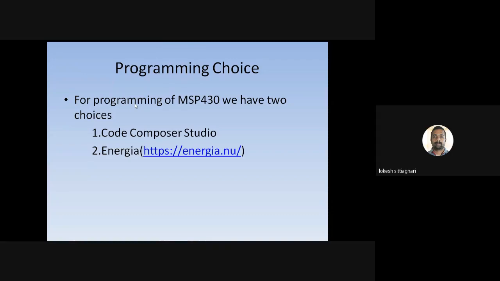To know how they act internally, we go for Code Composer Studio, which is based on embedded C. Energia is very similar to Arduino. If you know Arduino, then it is very simple to program the MSP430 in Energia. That is the difference. In industry, they mostly prefer Energia to program the MSP430, whereas for academic and research purposes, we go for Code Composer Studio.